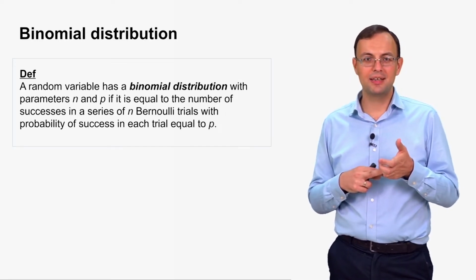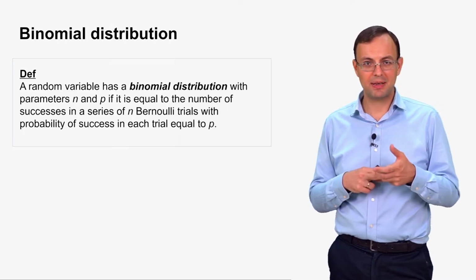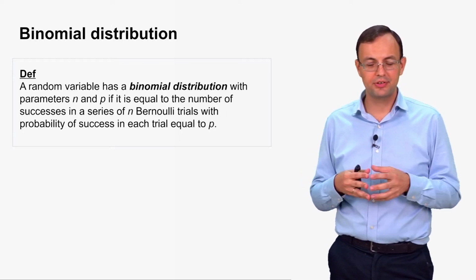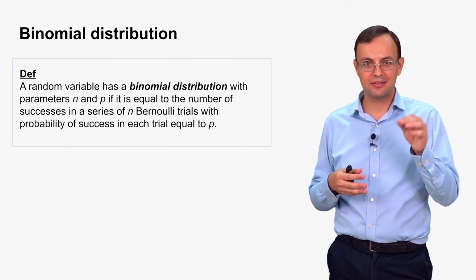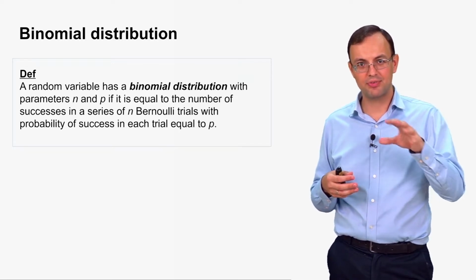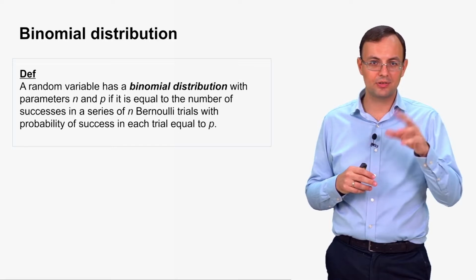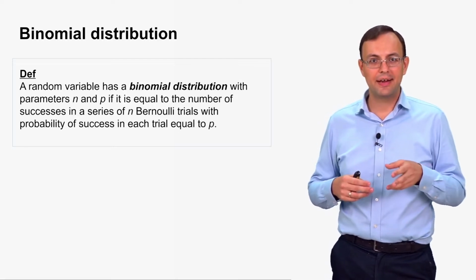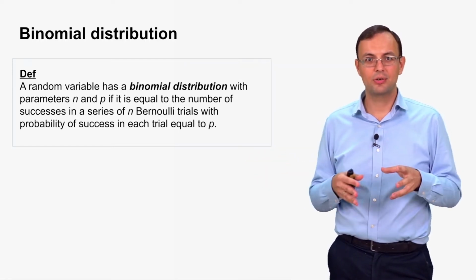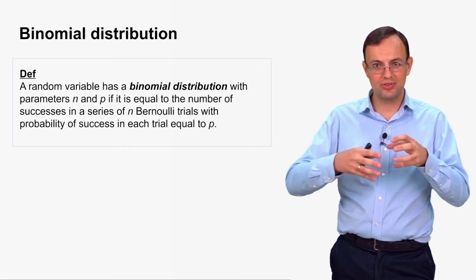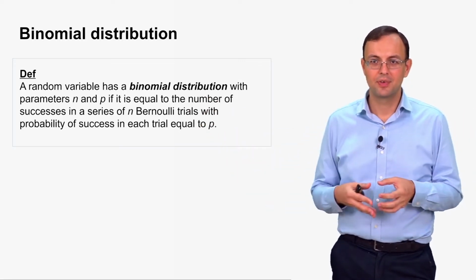The first one is that trials are independent from each other. So the outcome of each trial does not affect in any way the outcomes of the other trials. And the second condition is that probabilities of the success and the failure are to be constant. So they do not change during this series of trials.